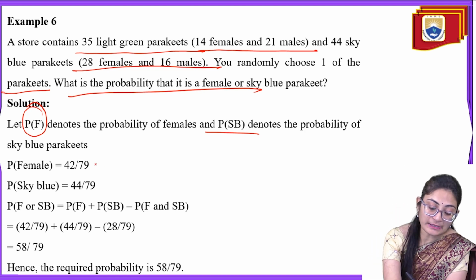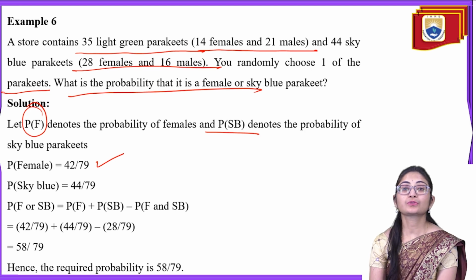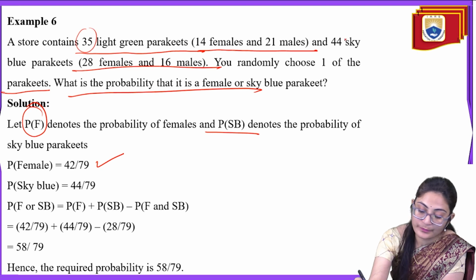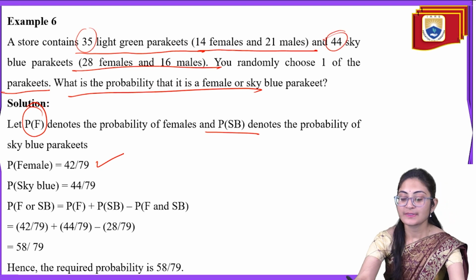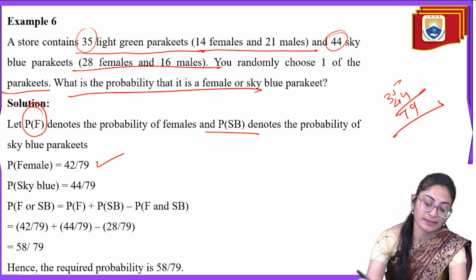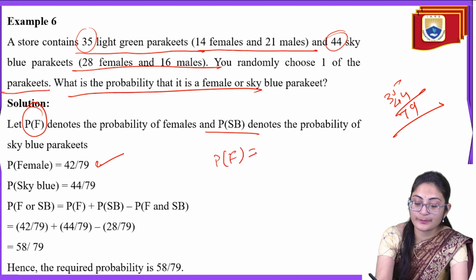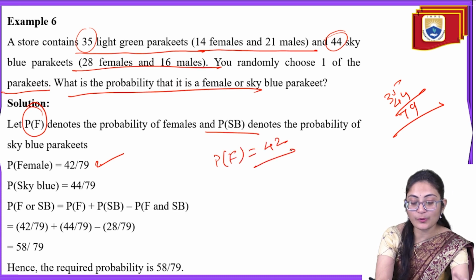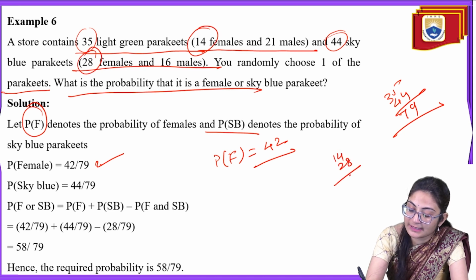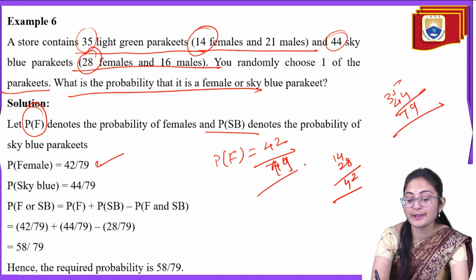Here the total number of parakeets is 35 plus 44, that is 79. The probability of female is 42 by 79, because the total number of females is 14 plus 28, that is 42, divided by 79.